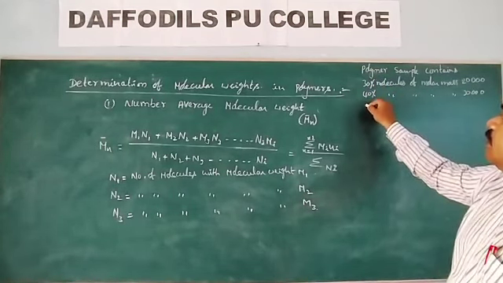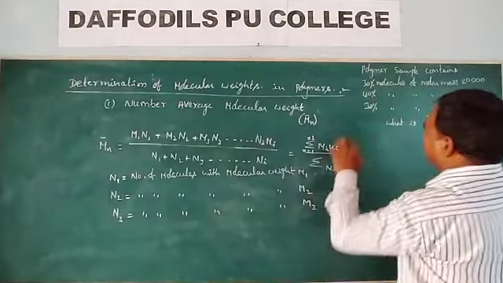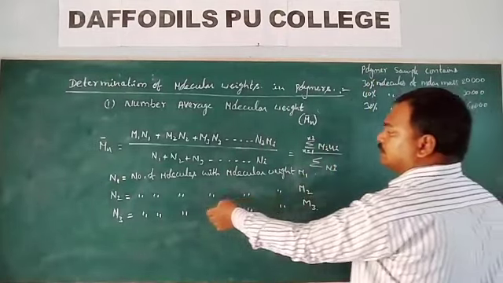So look here. N1 molecules of molecular weight M1. Suppose the total number of molecules is 100, N1 plus N2 plus N3, because they are given in percentages.